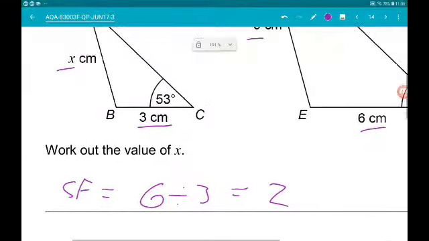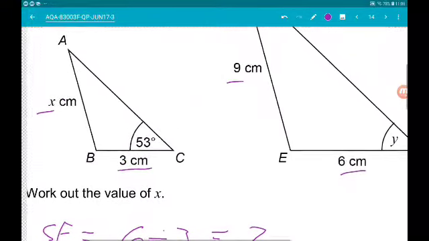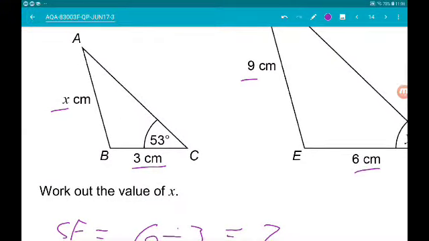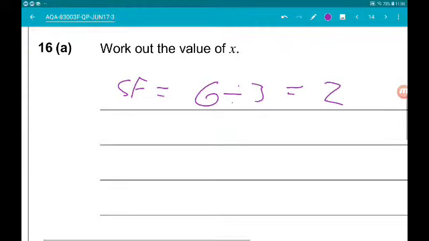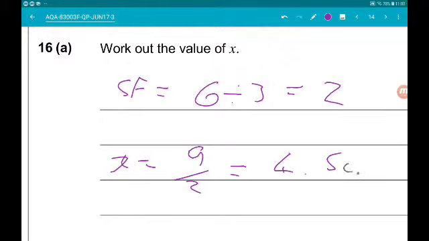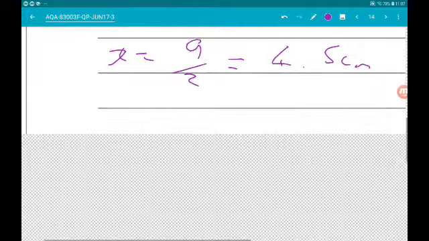So, that tells us that to get from the length of the small one to the big one, we multiply by 2, or to get from the big one to the small one, we divide by 2. So x is 9 over 2, which is 4.5 centimetres.